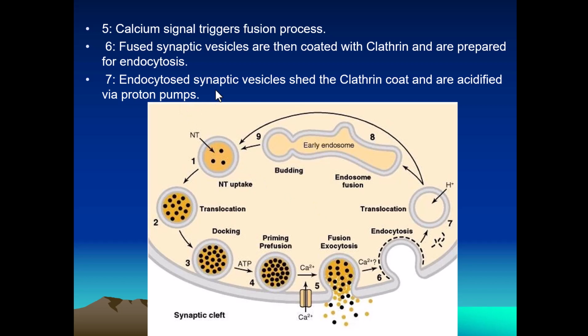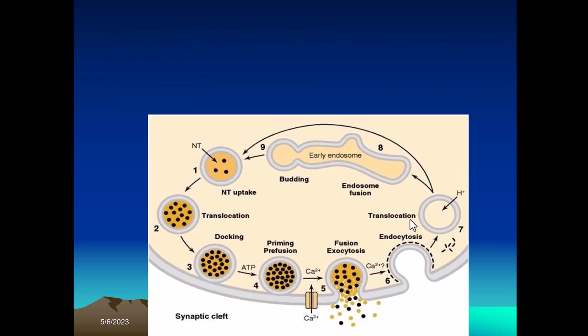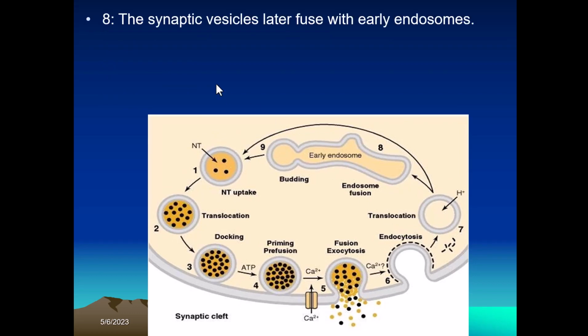Endocytosed synaptic vesicles then shed the clathrin coat and are acidified via a protein pump. This membrane is then removed from the vesicle, and this vesicle later fuses with the endosome.